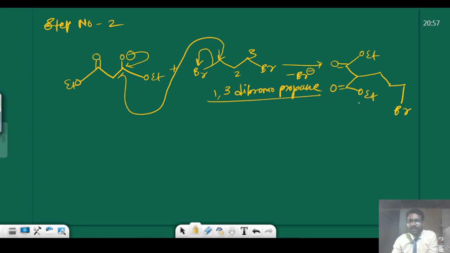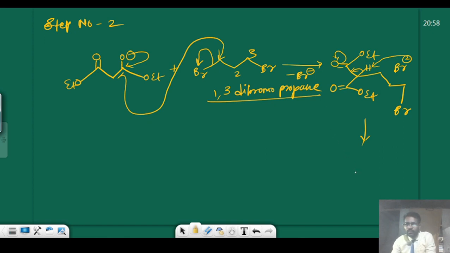Again, in the presence of sodium ethoxide, what exactly happens here is we will use sodium ethoxide again, or the base which is generated in this reaction will take the proton, and there is a formation of enolate anion again, like this.